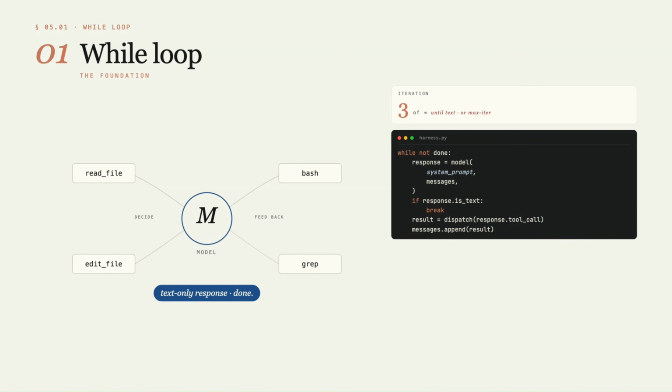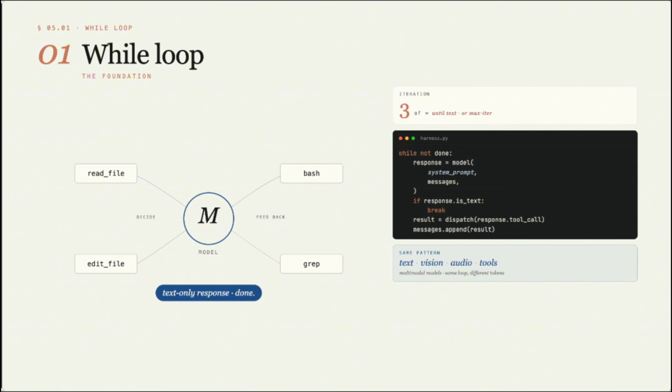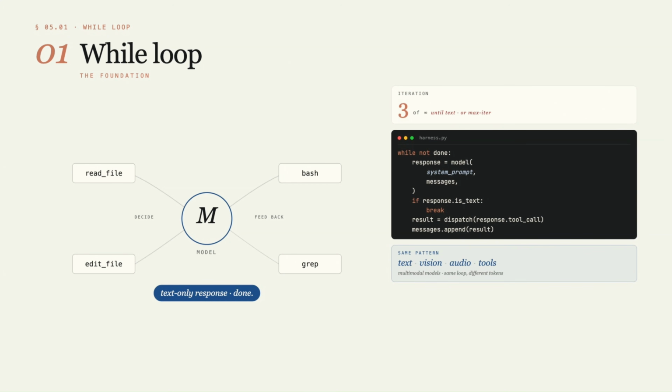And this process keeps going until the model produces a text-only response, or it hits a maximum iteration cap. Now, we're talking about text-only models, but the same can apply to multimodal models as well. So think of this outer loop as the whole engine that runs everything.